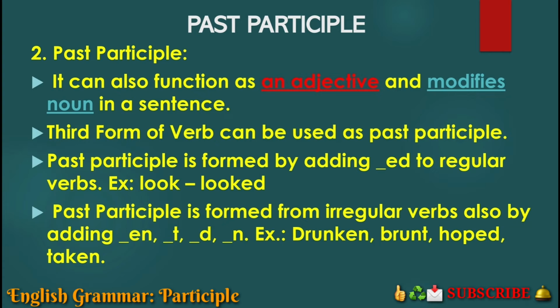For example, look. If we add ed to it, it will be the third form of the verb, that is looked. Look, looked. The past participle is formed from irregular verbs also by adding en, t, d and n. For example, drunken, burnt, hoped, taken.